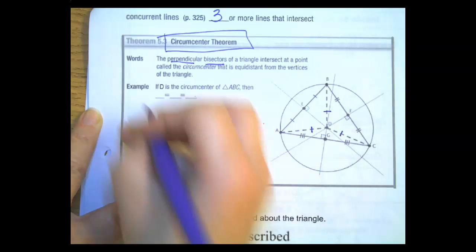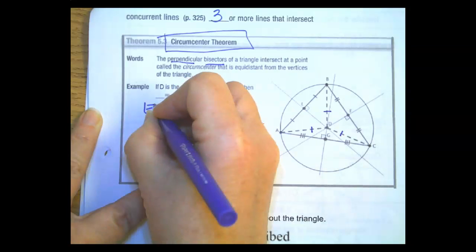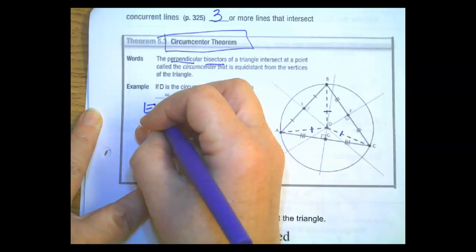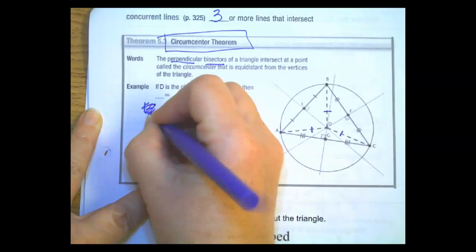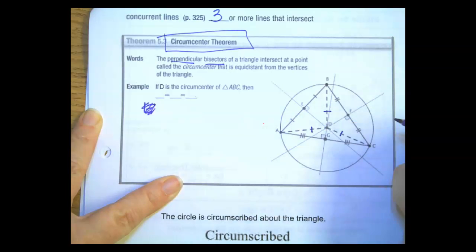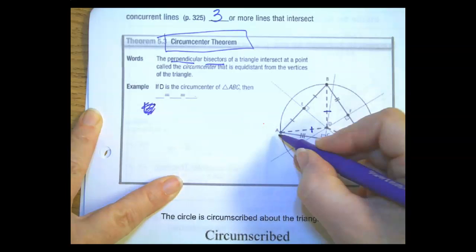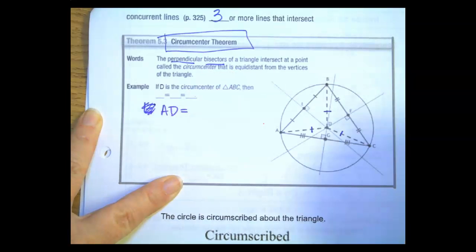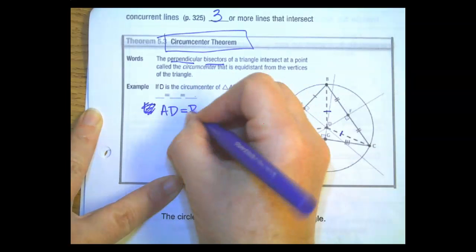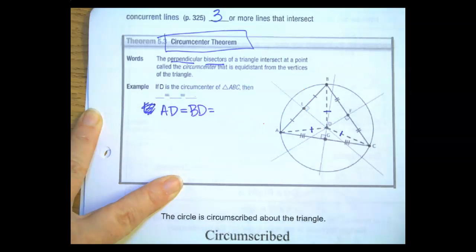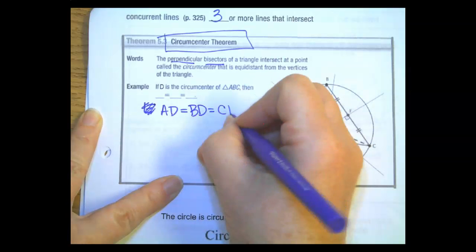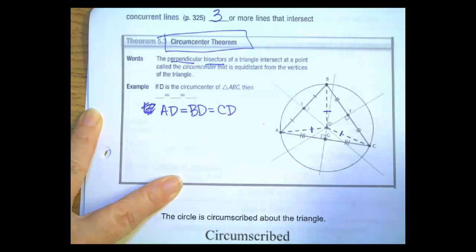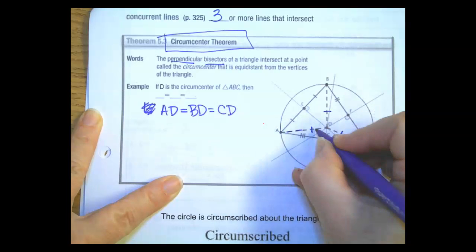Okay. So A to D is equal to B to D, which is equal to C to D. And they have them marked here, the little hash marks.